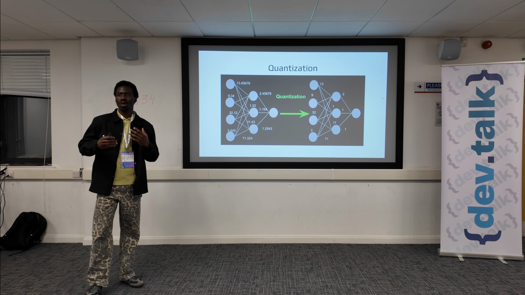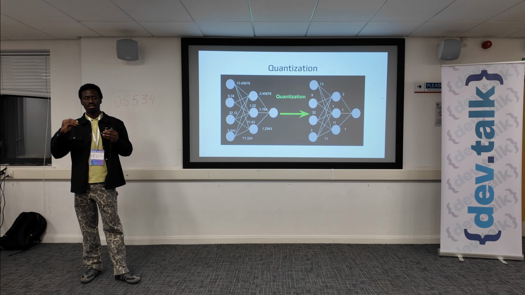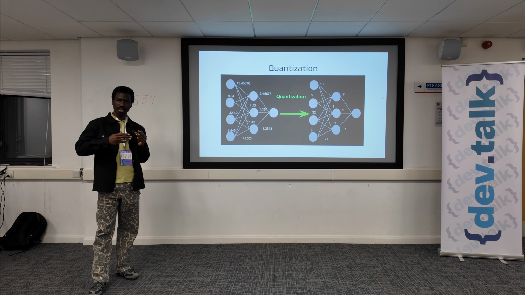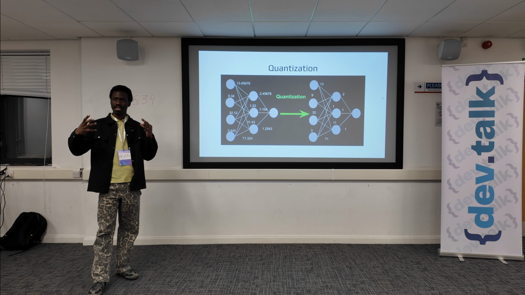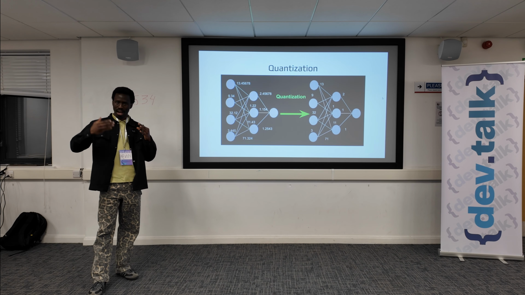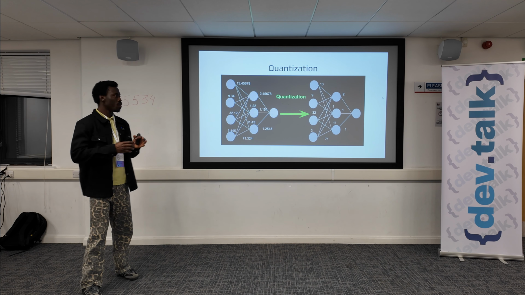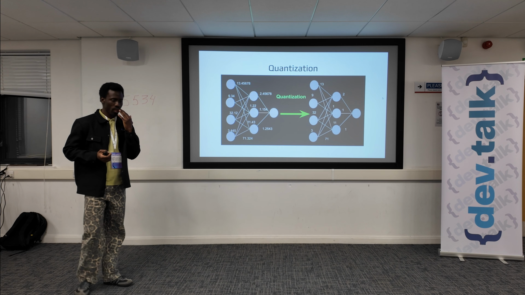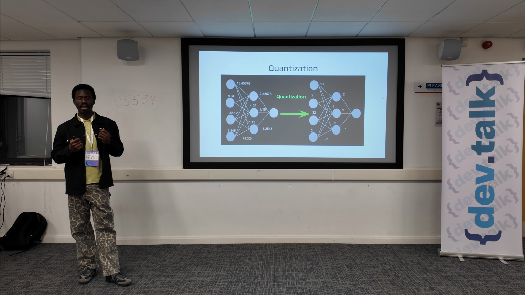Quantization is a way to reduce these bits so that it takes half. So you can convert from FP32 to FP16 and then to int8. So basically, you are reducing the size of the models by half and by a quarter. The pros and cons with this is that you get speed, but you may not get accuracy.